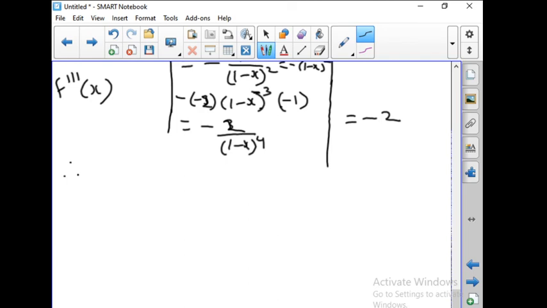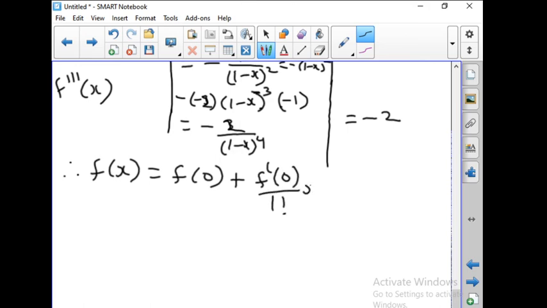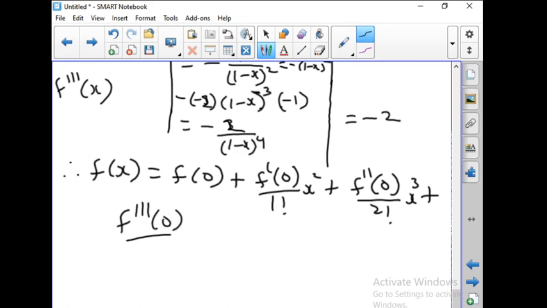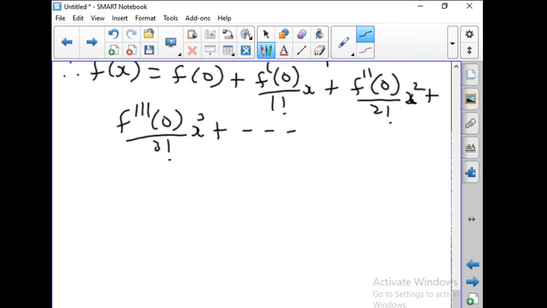So what is the formula now? What is the series? f of x is equal to f of 0 plus f dash of 0 by 1 factorial x plus f double dash of 0 by 2 factorial x square plus f triple dash of 0 by 3 factorial x cube plus etc. So what is the function given?